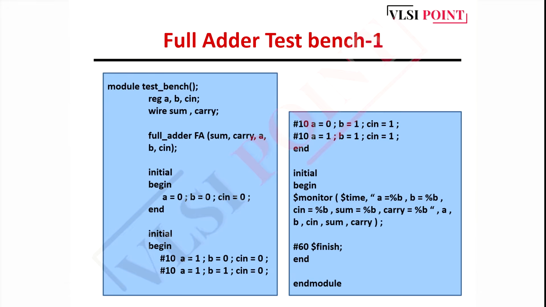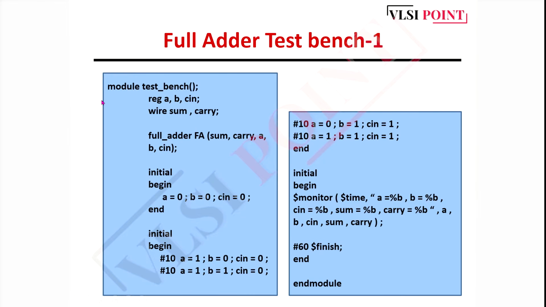Through the test bench, you can check whether the code you have written is working correctly. So basically, it is used to test your design. We need to give different input values, and from whatever output is generated, we can check whether the circuit is working correctly or not.